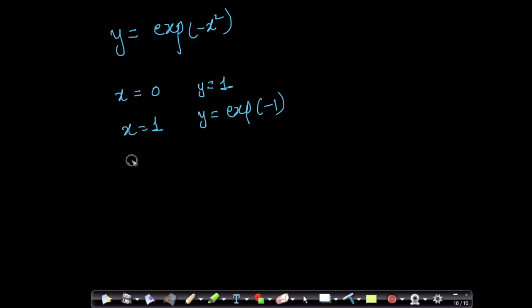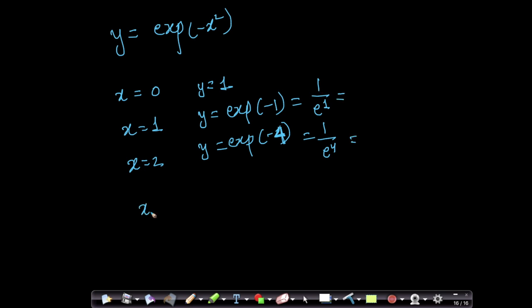If x equals to 2, my y is going to be exp of minus 4, x square, right? So this is 1 by e power 1, this is 1 by e power 4. If x equals to 3, your y is going to be exp of minus 9, which is 1 by e power 9. Let's understand what these values are.